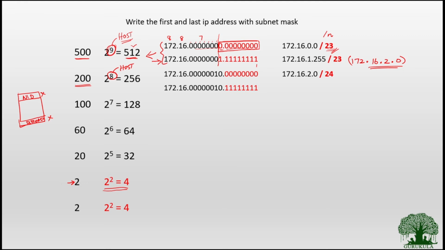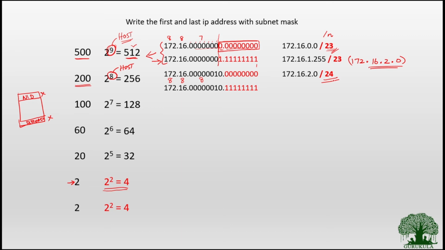So this time if you convert this into decimal, you will get 172.16.2.0, and then /24. You can observe that it has changed to /24. How is it 24? This 24 represents the number of bits allocated to represent the network part. So here it is 8 bits, here 8 bits, and here again 8 bits.